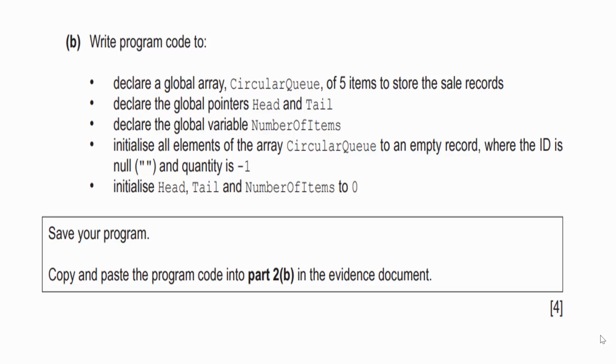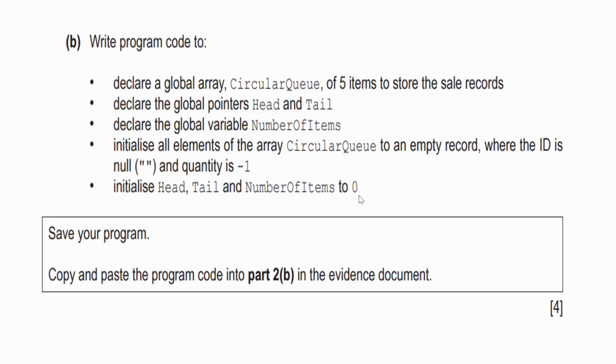Initialize all elements of the array circular queue to an empty record where the ID is null, so no string, that's not a space there, 2 empty quotes, and the quantity is -1. Initialize head, tail, and number of items to 0. Now, what you want to pay attention to here is head and tail are initialized to 0.